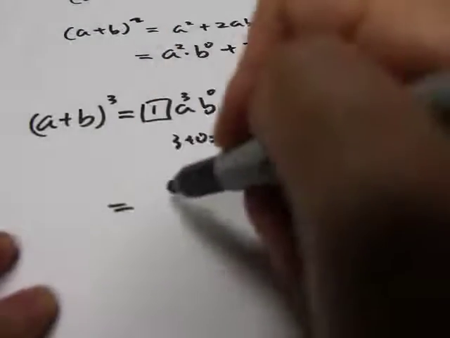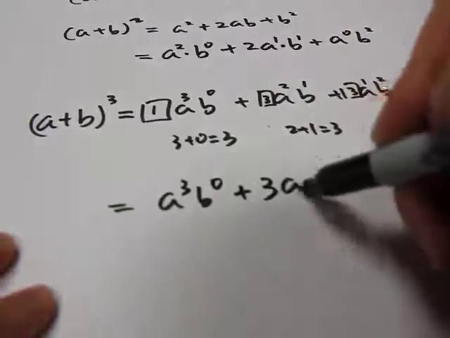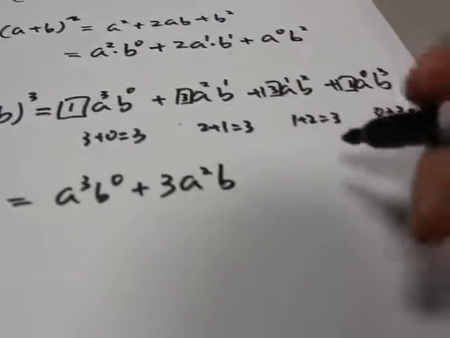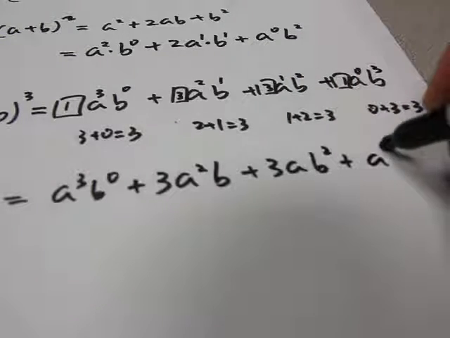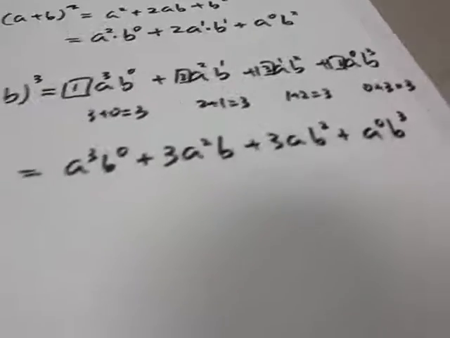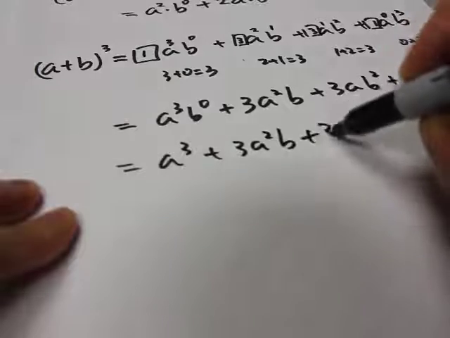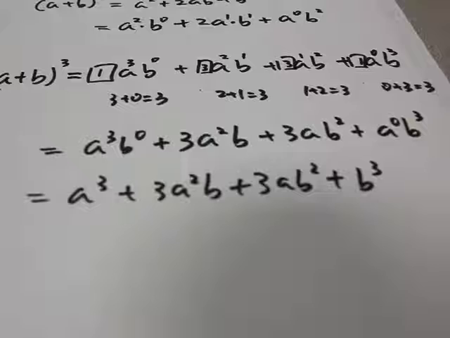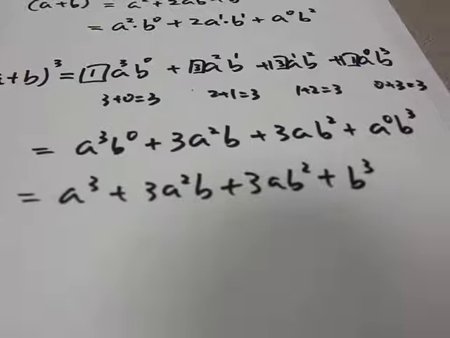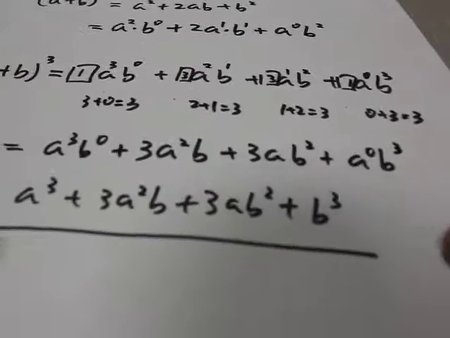So the result is a to the third times b to the power of 0 plus 3 times a squared times b, plus 3 times a times b squared plus a to the 0 times b to the third. And if we write a to the 0 and b to the 0 as 1, the result is this. Okay.